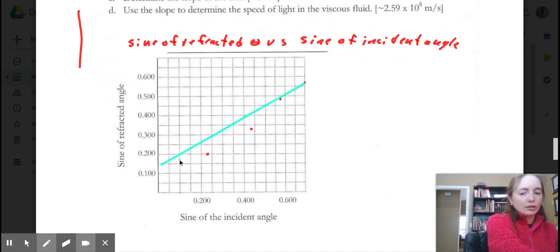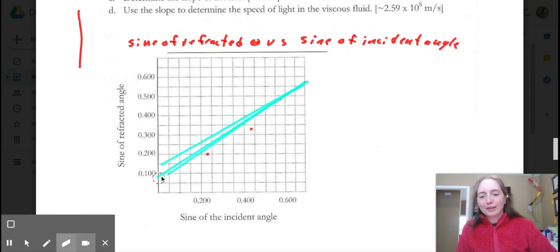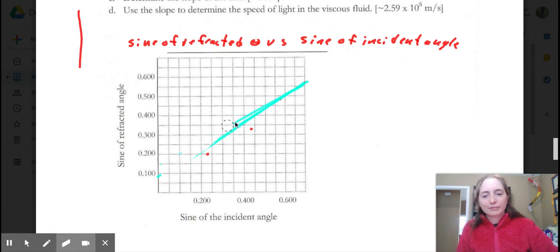Okay, wrong angle of my book. Nope. Okay, you guys get the point. You know how to draw a line of best fit. Ignore those lines. We tried. I did my best. Yeah, we'll just ignore these.